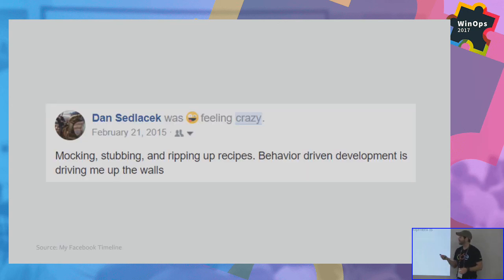So this was something I posted February 21st, 2015, obviously. I basically locked myself in my apartment for a weekend because I found the test development life cycle of writing Chef code would take a while. At one point in time, we were managing Windows 7, Windows 8, Windows 8.1, and Windows 10.